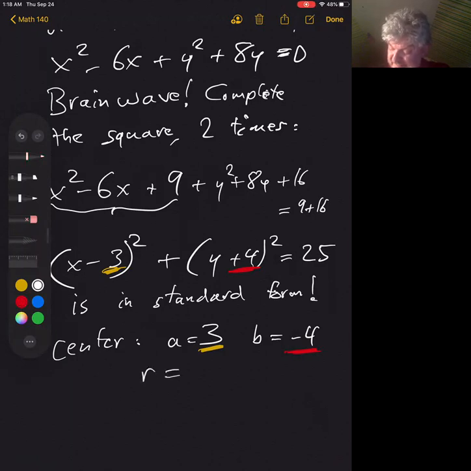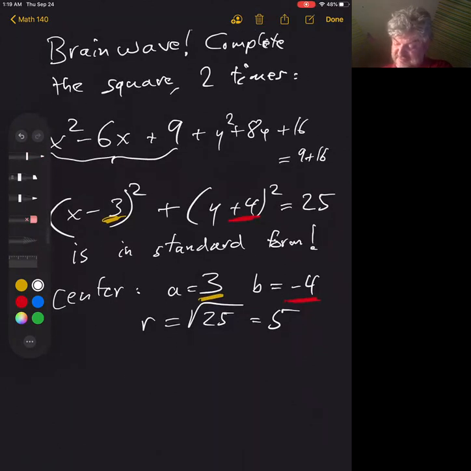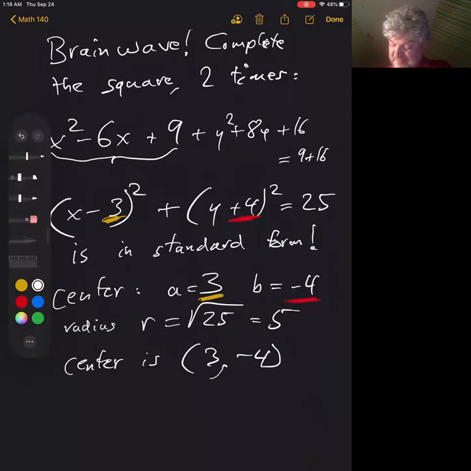So r is the square root of 25, which is, of course, 5. Radius 5, the center is (3, −4), and the radius is 5. Squeeze that in.